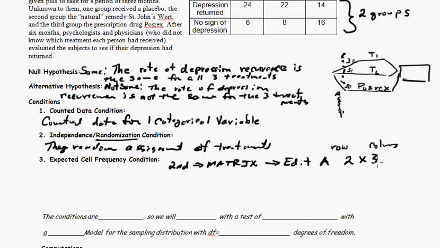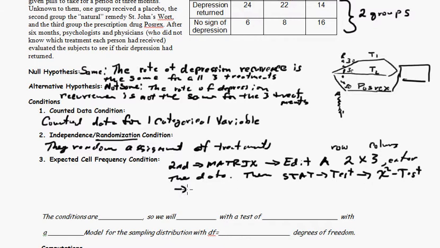If you hit enter, you can just enter the data. Then do stat, test, and select chi-squared test, and just hit calculate. Make sure that A is the input and B is the output. That's the safest.